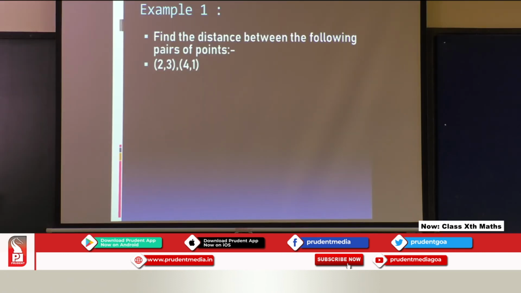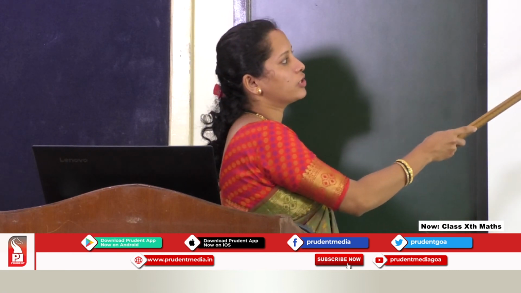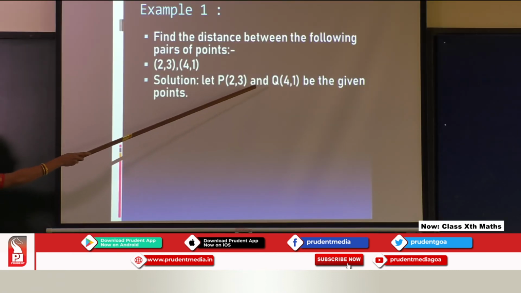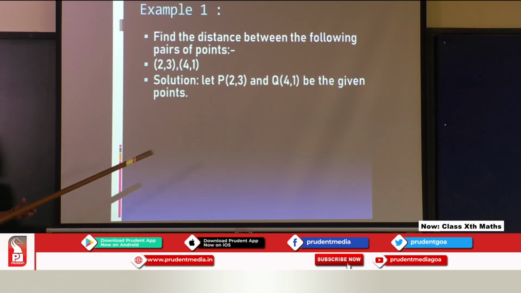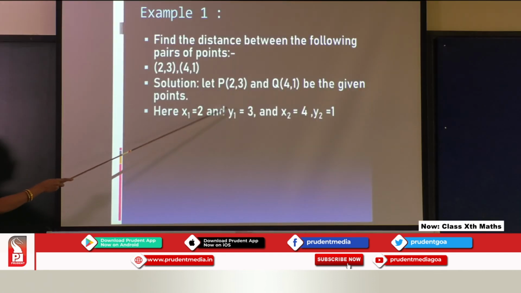Now let us take one example. Find the distance between the following pair of points: (2, 3) and (4, 1). So here we have the 2 points (2, 3) and (4, 1). These are the coordinates. Let P(2, 3) and Q(4, 1) be the given points. So here x1 is equal to 2 and y1 is equal to 3.